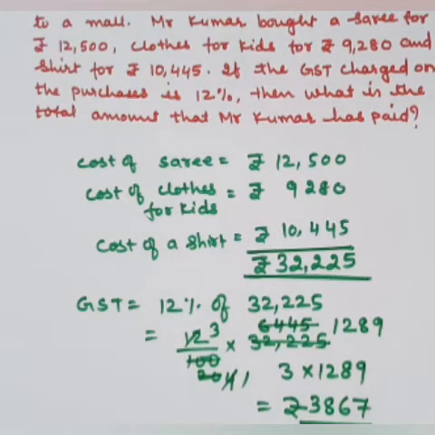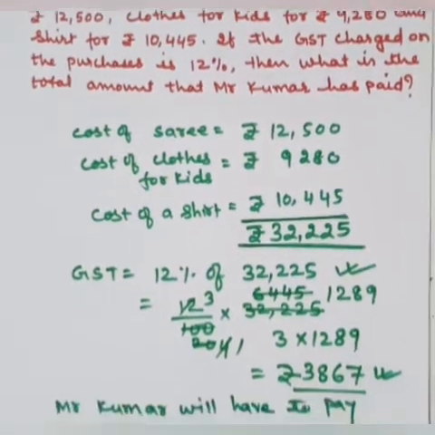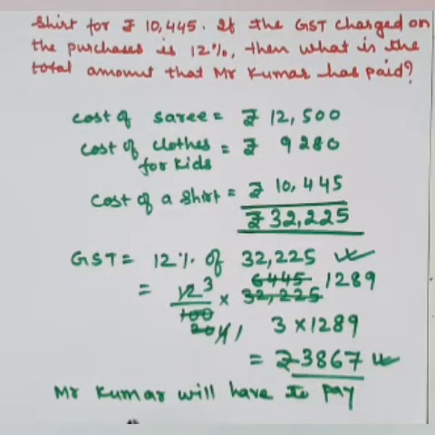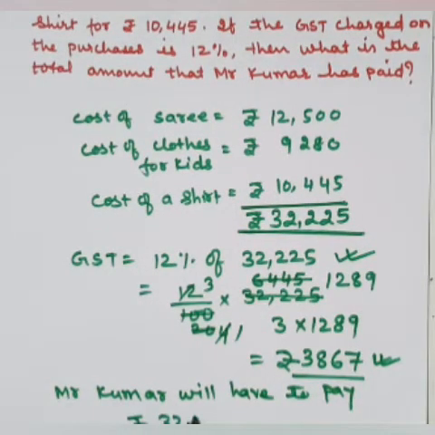So the amount to be paid by Mr. Kumar: Mr. Kumar will have to pay how much? This amount plus this amount. Rupees 32,225 plus rupees 3,867. This is the GST.